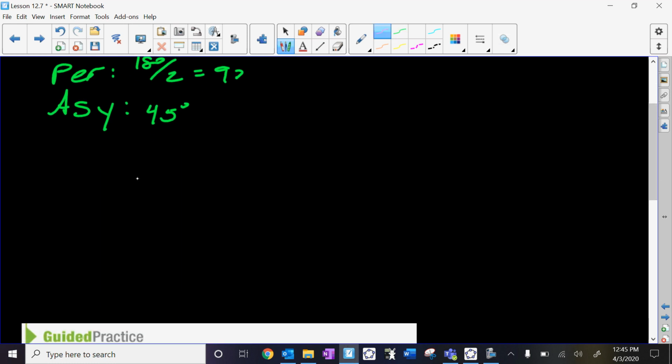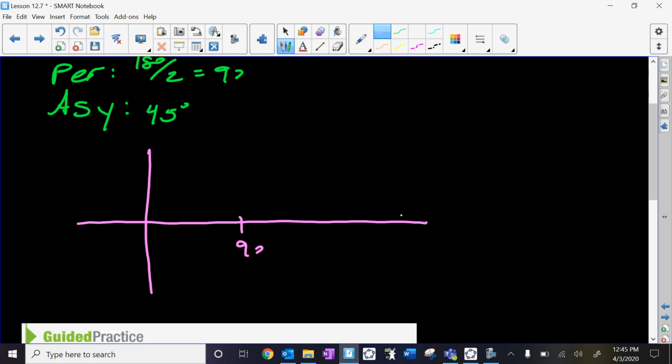When we graph this one, I'm going to require 2 cycles again. So we have one at 90 degrees. We have one at 180 degrees. Our asymptotes are located at 45 degrees.